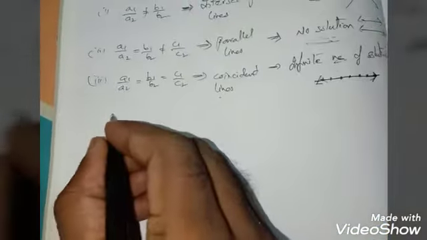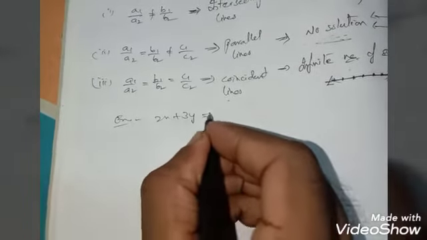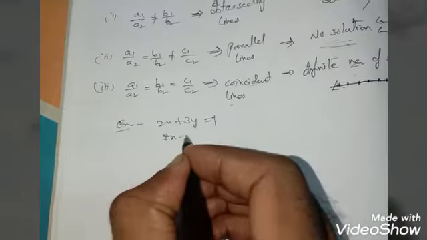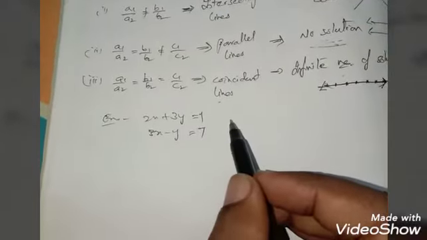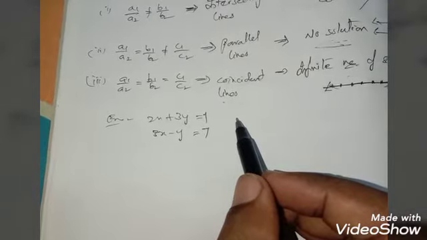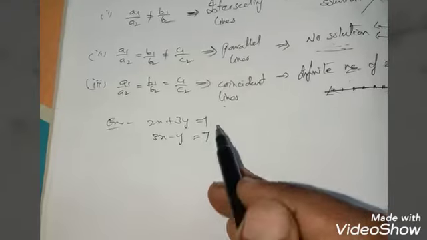Now based on that, let me solve some questions. If I take the first example, 2x + 3y = 1 and 3x - y = 7, we have to show whether it has no solution, or is coincident, parallel, or intersecting lines.